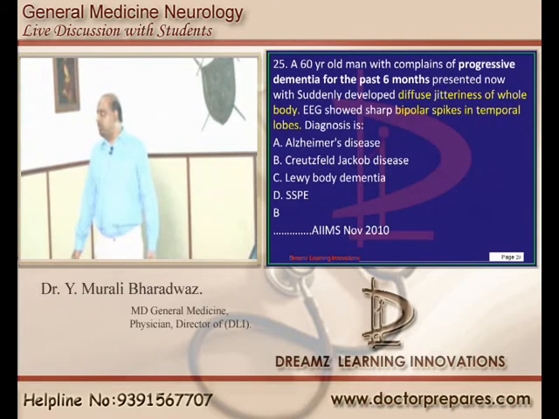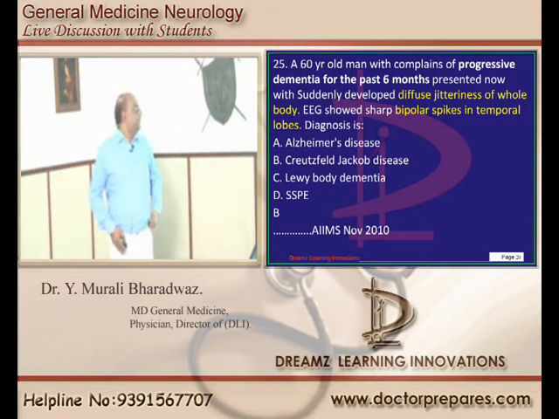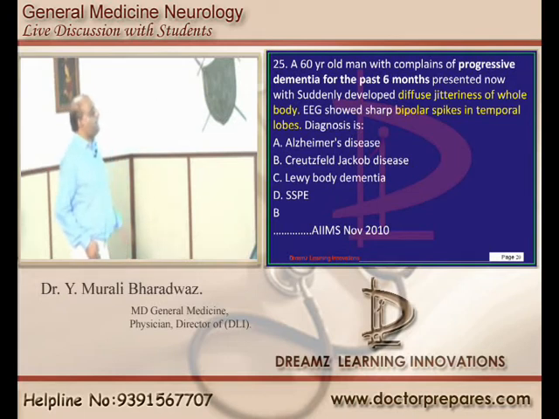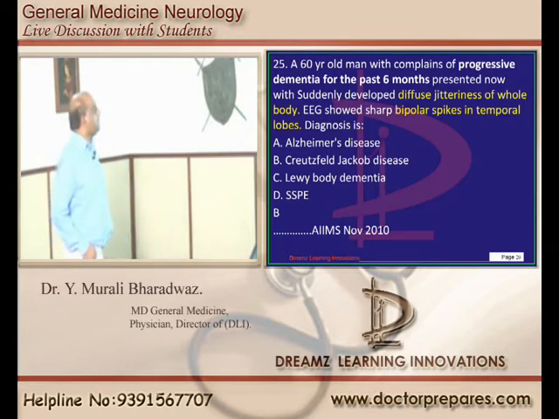A 60-year-old with complaints of progressive dementia for the past 6 months suddenly develops jitteriness of the whole body and EEG showing bipolar spikes in the temporal lobes. What is the most likely diagnosis? So doctor, we need to know what are the specific EEG patterns and diagnostic of what.